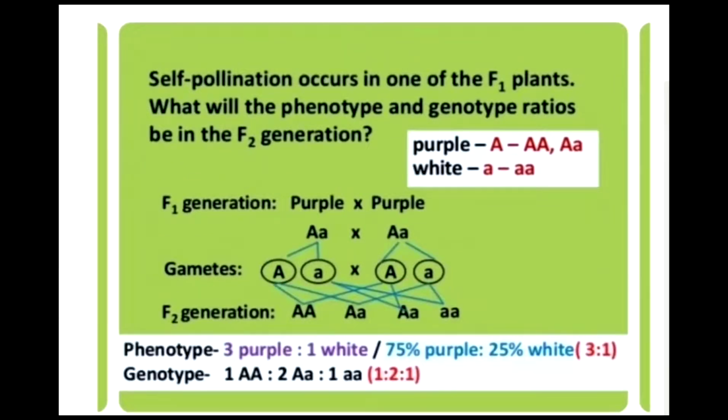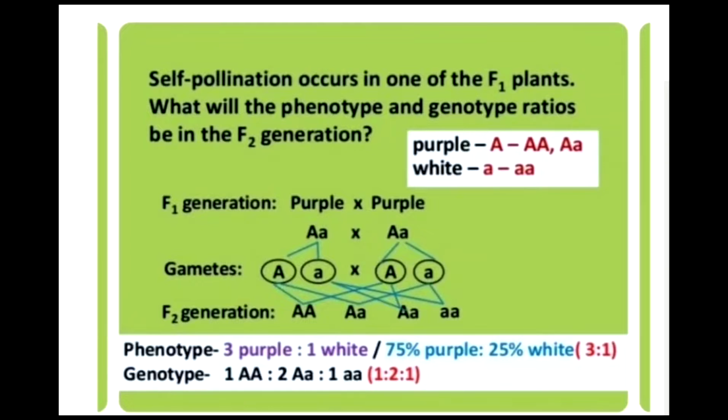So this is what will happen to the F2 generation if self-pollination occurs in one of the F1 plants. For the F2 generation, we will have 4 products: big A, big A; the second one is big A, small a; the third one is big A and small a; the last one is small a, small a.